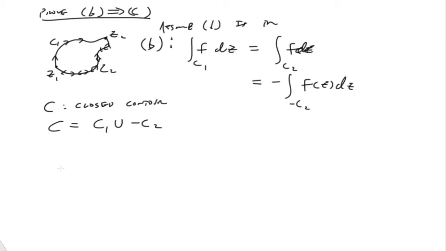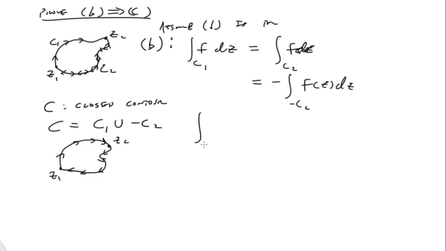And so that would be the contour that goes from Z1, and then it goes around like that, back to Z1. So it goes up to Z2 and then comes back, like so.